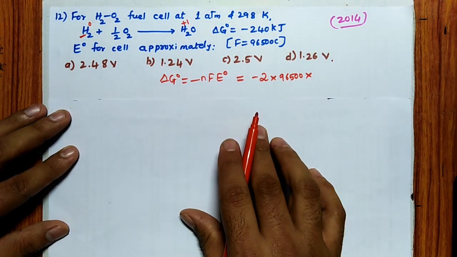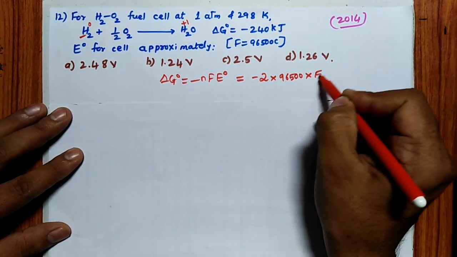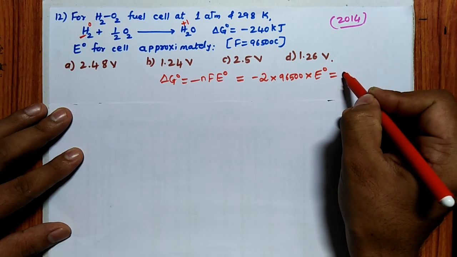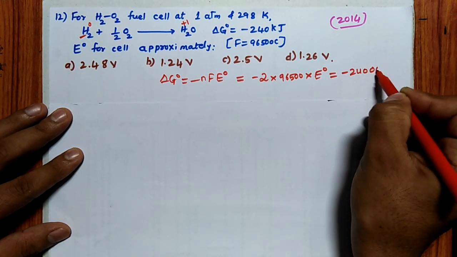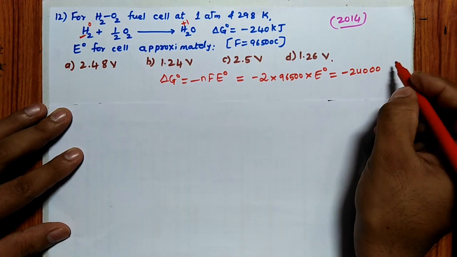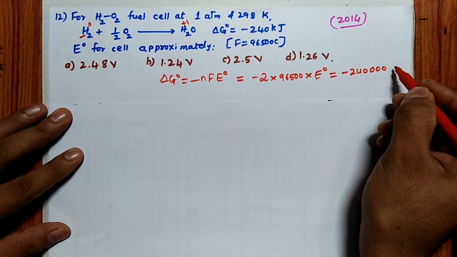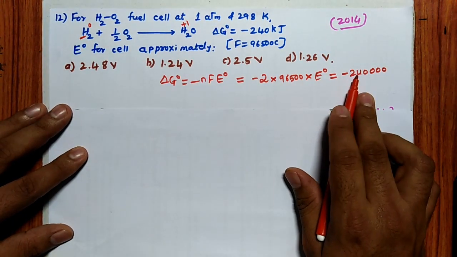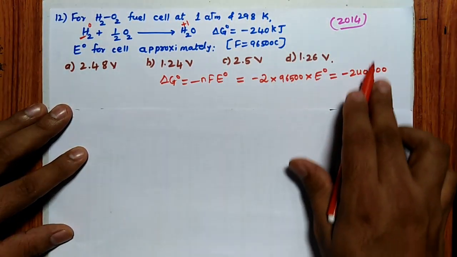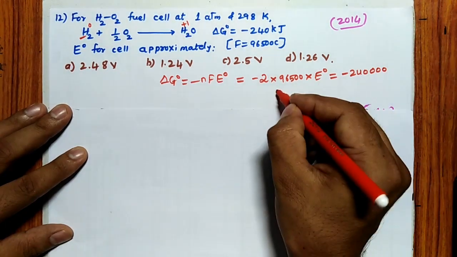Delta G naught, E naught they are asking, right? E naught is equal to, delta G naught, I will write as minus 240 kilojoules, 10 to the power 3, 000. Now they are asking E naught.